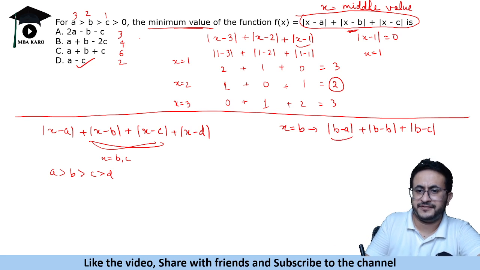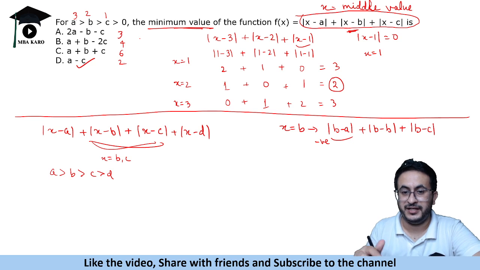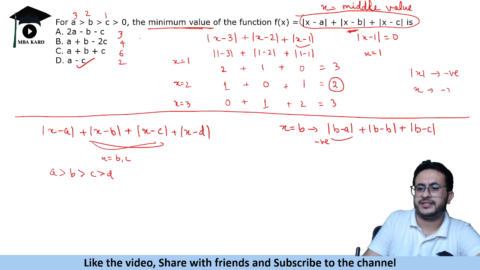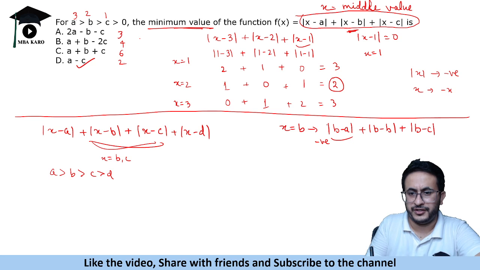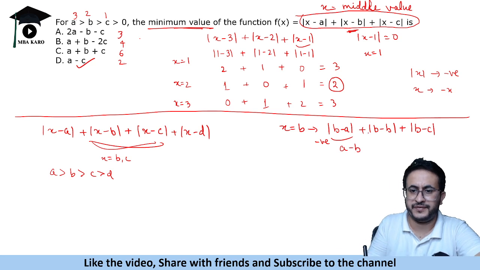So this is negative. So this requires a lot of careful thinking. If the value inside the modulus is negative, then we take the negative of it. So this expression becomes a minus b because this value is negative.